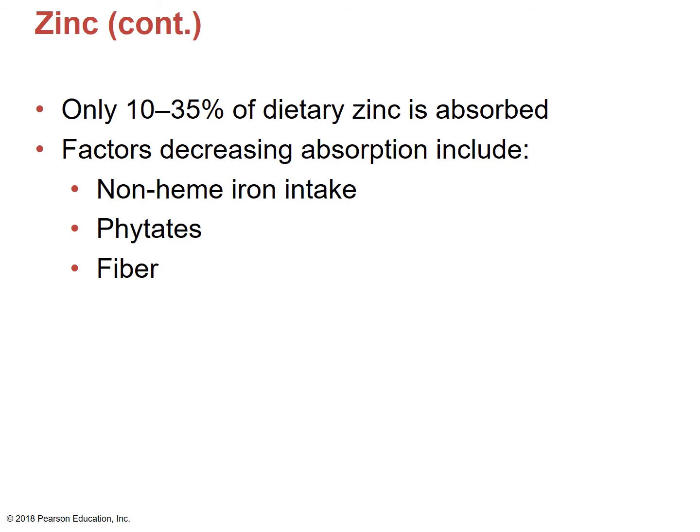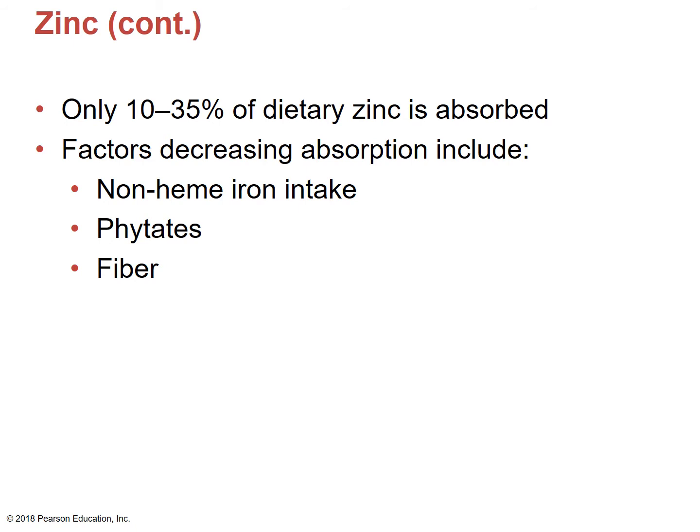Zinc deficiency is uncommon in the United States, but does occur in countries in which people consume predominantly grain-based foods. Symptoms include growth retardation, delayed sexual maturity and impotency, impaired appetite, and other problems.